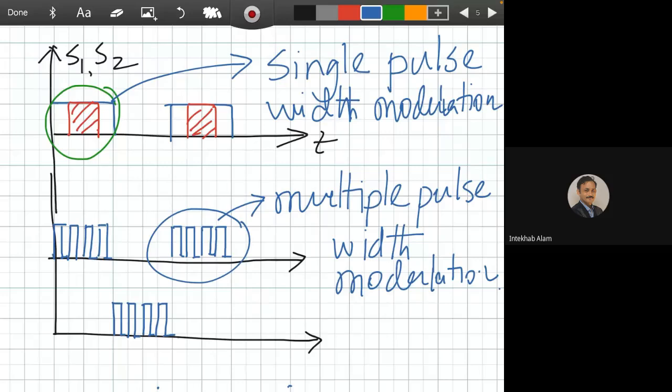Why do we call it modulation? You have already studied in communication theory the topic of modulation. The same thing, changing something with others. This is single pulse width modulation, and that one is called multiple pulse width modulation.